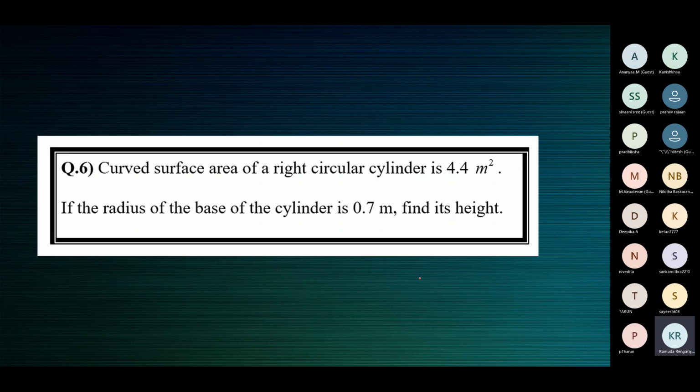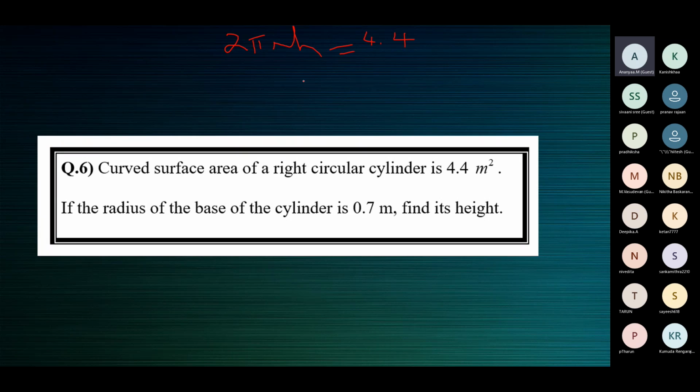Ananya, read out your steps. CSA is 4.4 meters square and radius is 0.7 meters. So 2 pi RH equal to 4.4. 2 into 22 by 7 into 0.7 into H will be 4.4.